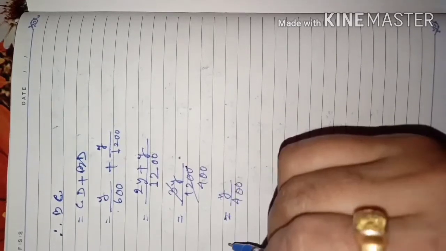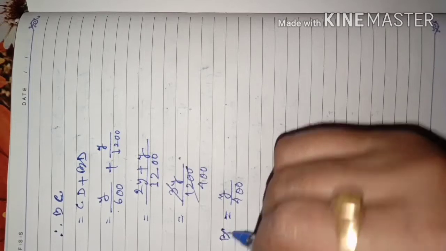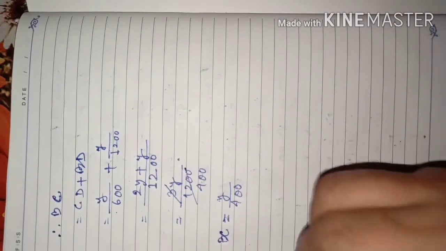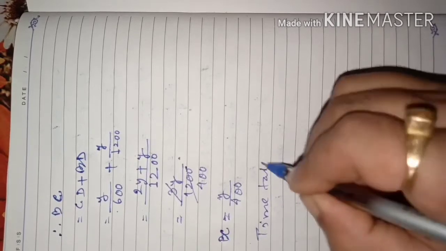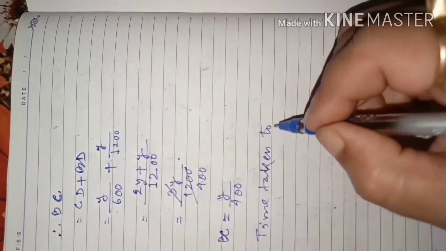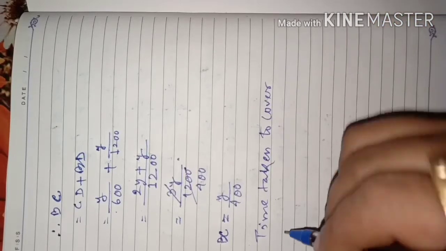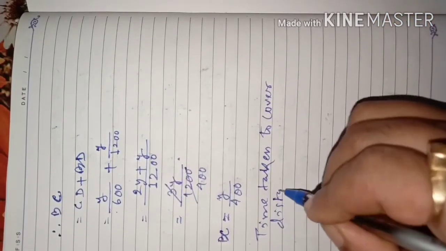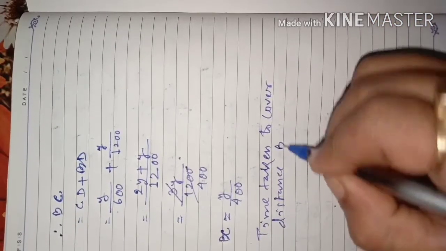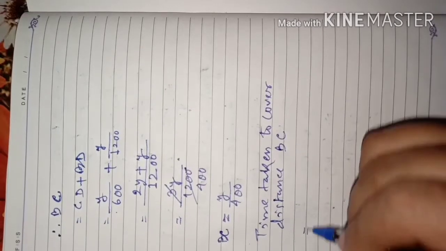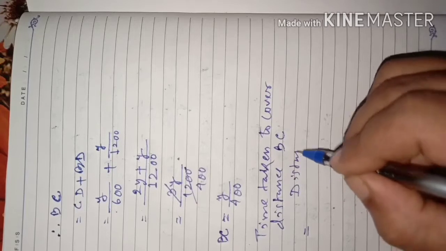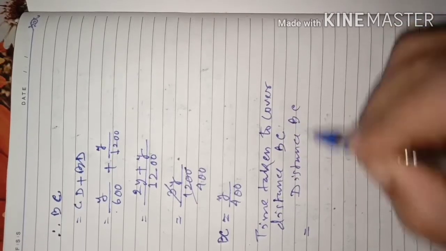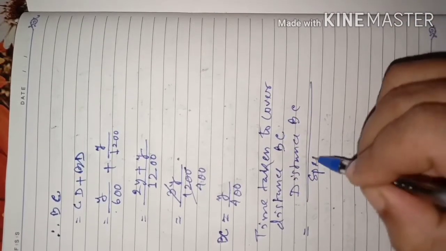But this is not our answer. Our answer will be the time taken to cover distance BC. Time is always distance divided by speed. Distance BC divided by speed of the car.